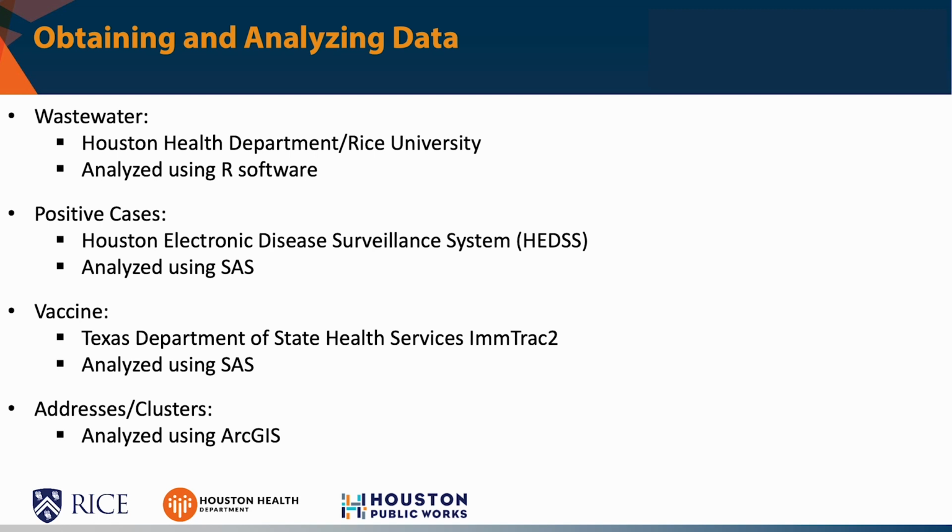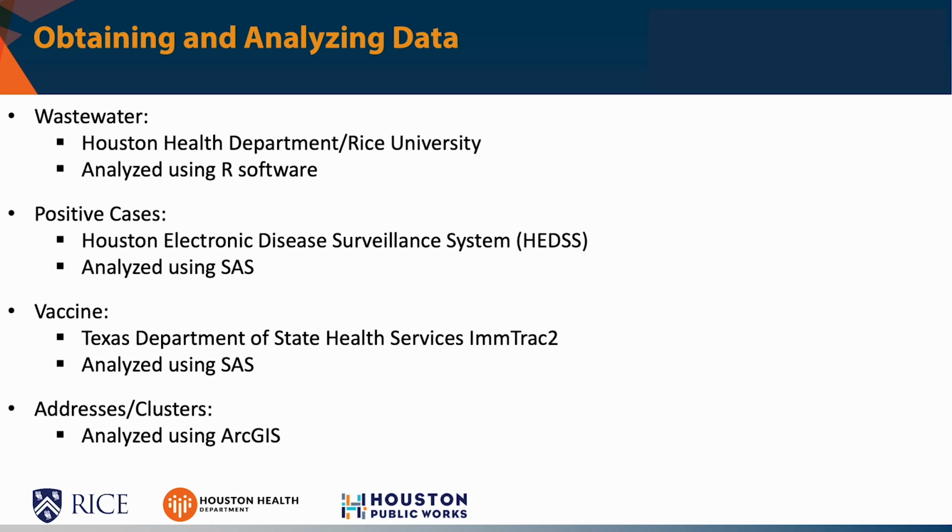Data for variables related to positive cases or positivity rates were derived from the Health Department's Houston Electronic Disease Surveillance System. This is the primary surveillance system used by the Health Department to investigate and report Texas notifiable conditions within the city of Houston.